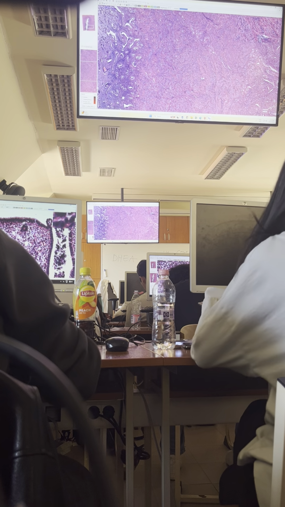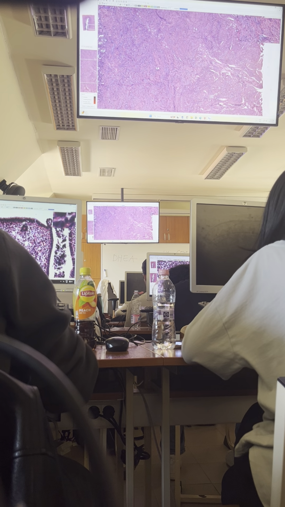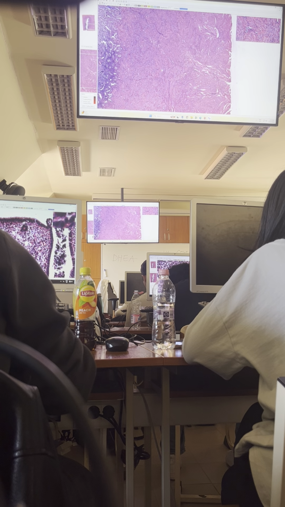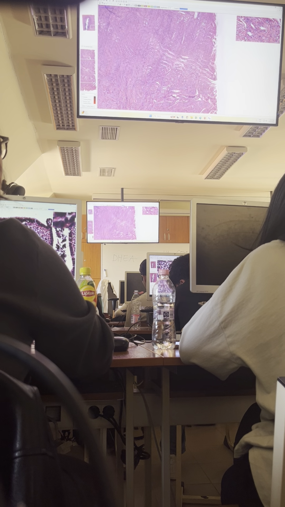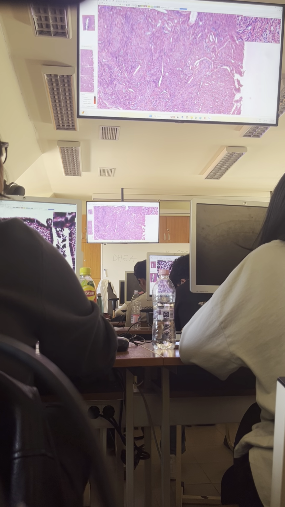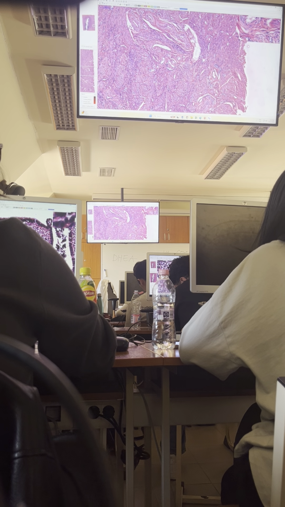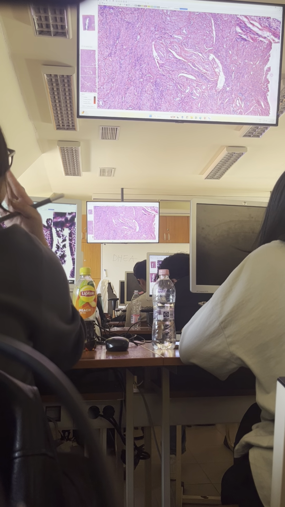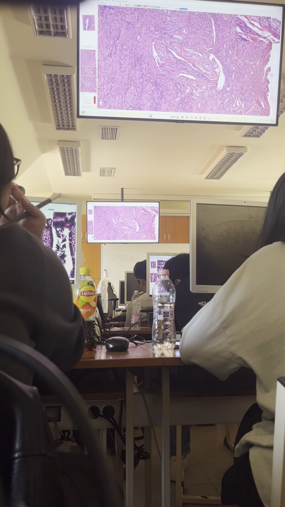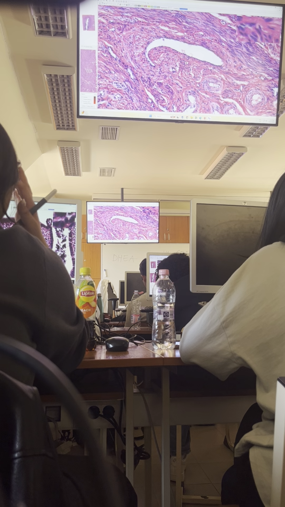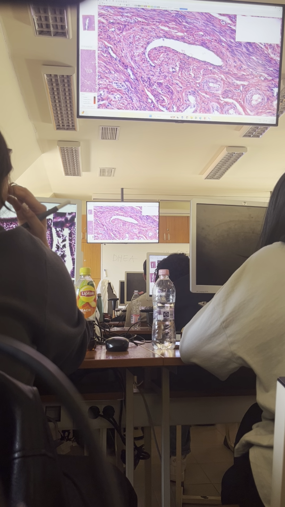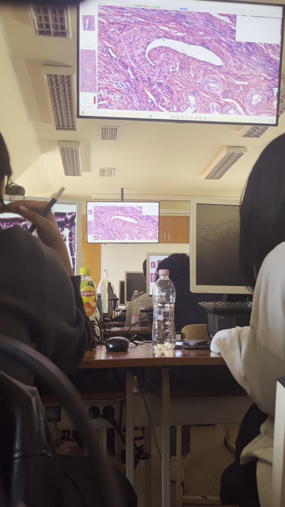Now, if you look at the myometrium, one feature here: if you take a blood vessel here, because this myometrium is well vascularized.